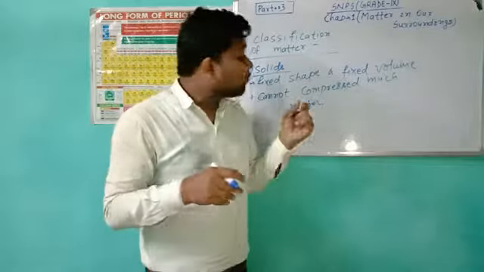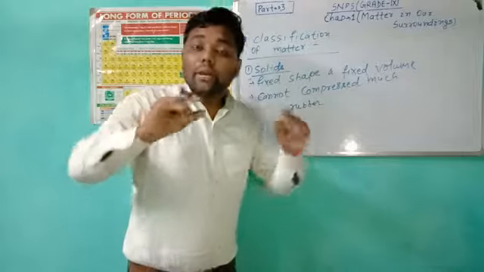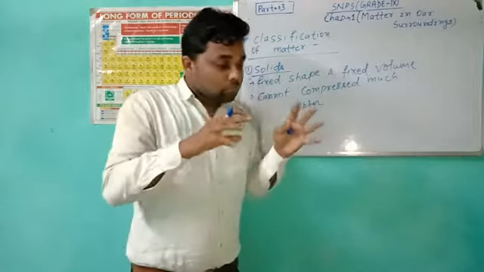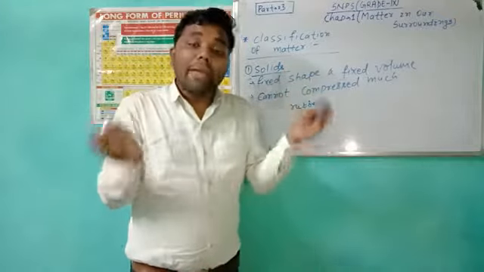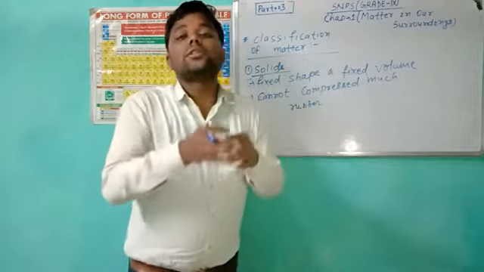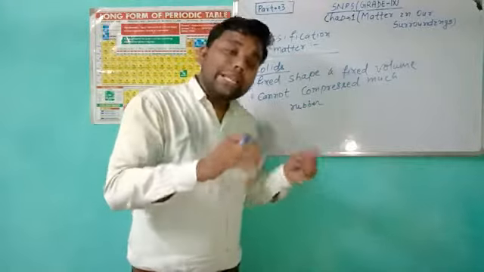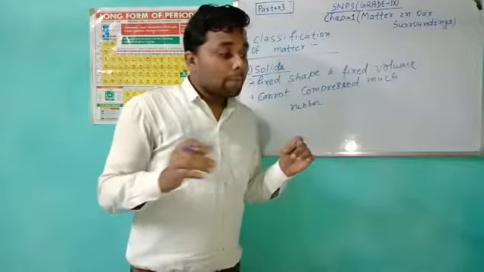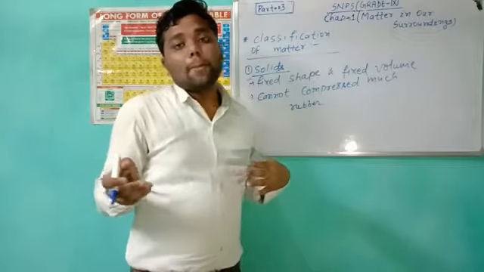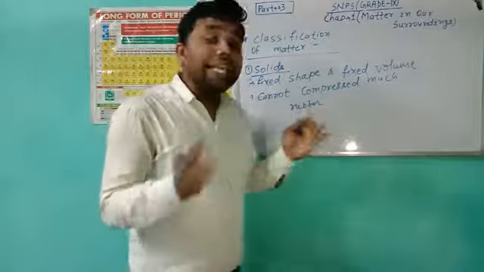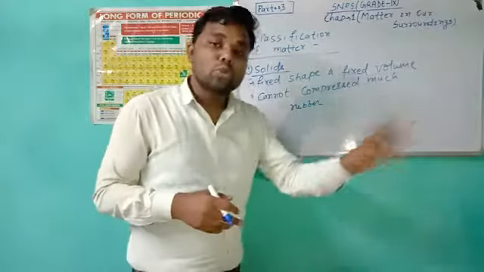If we apply some force and stretch the rubber, it can change its shape. But if we withdraw the force, it comes back to its original shape. So it is also considered a solid.